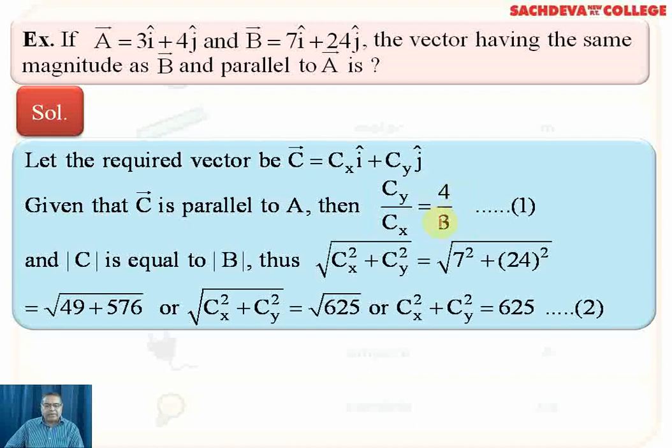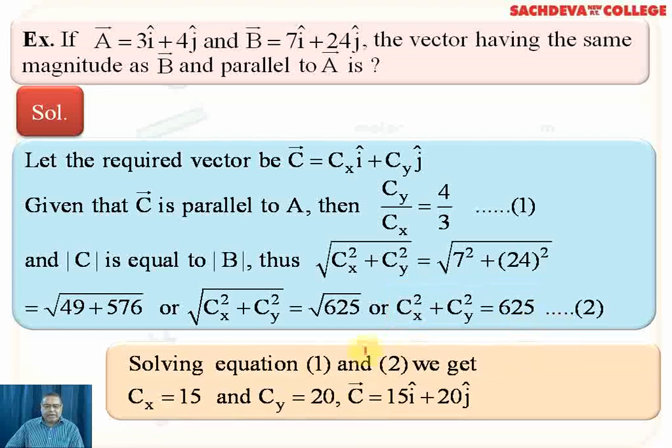And the modulus of c, that is the magnitude of c, is equal to the magnitude of b. Therefore, cx square plus cy square is equal to 7 square plus 24 square. After calculations, we come to equation 2, that is cx square plus cy square is equal to 625.